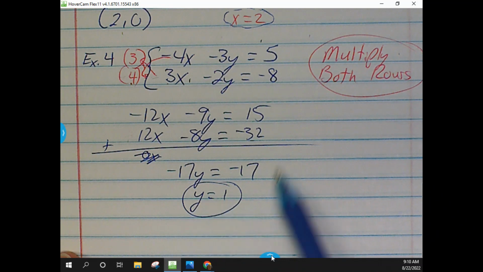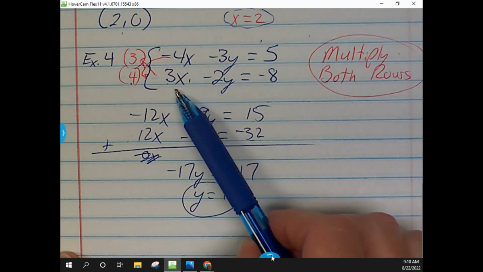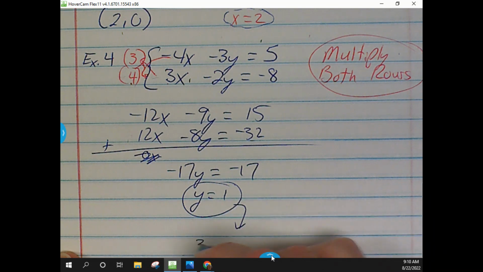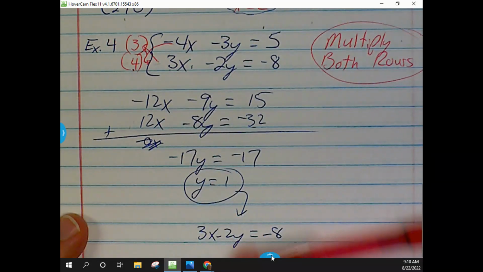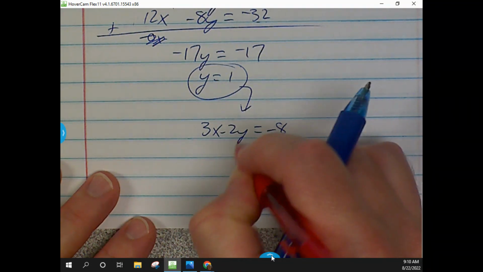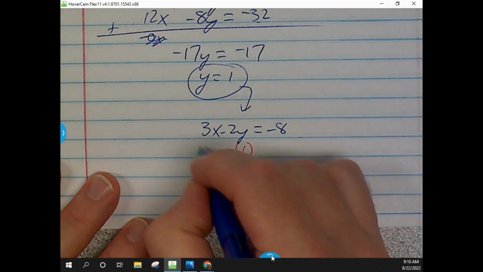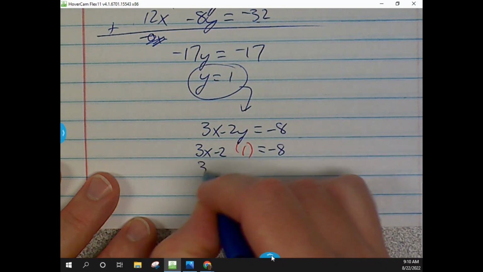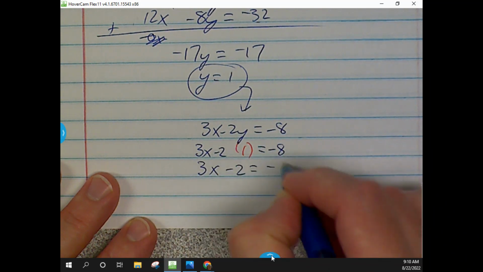If I'm plugging this in for y, I want my x to be positive, so I'm going to use equation 2 back up here. So that's 3x minus 2y equals -8. Plugging in the 1, that's 3x minus 2 equals -8.